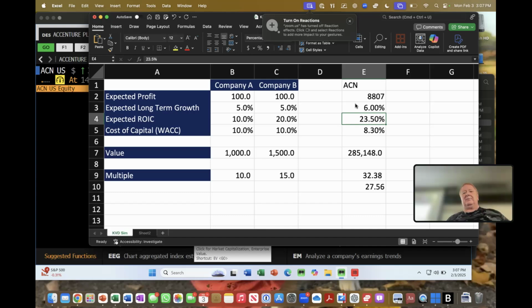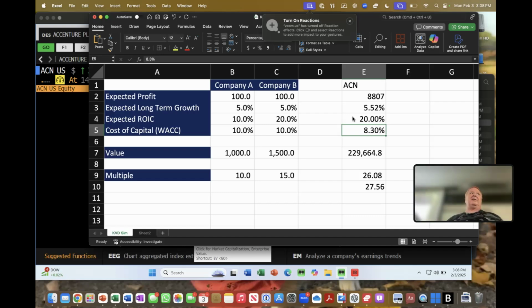Accenture has lower growth, 4%. Their share price would fall by about a third. Accenture sees its ROI change, 23% to 20. Share price would go down a few percentage points, not much.